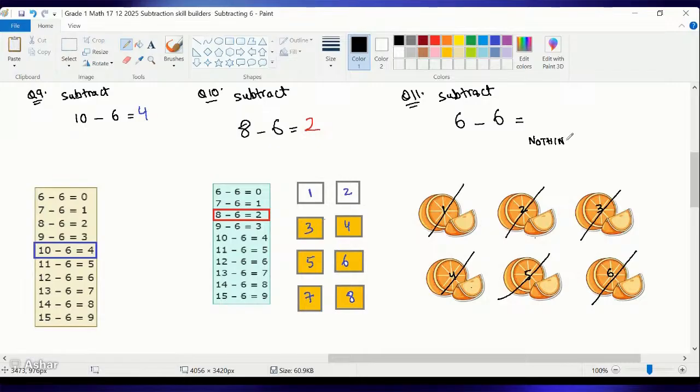And nothing in maths is known as 0. So the answer is 0. Very good. That's great. Let's move on to the next example.